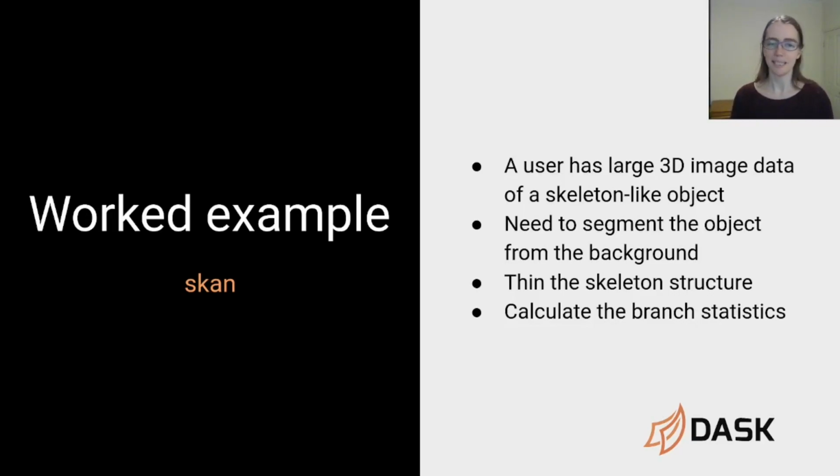They're going to need to segment the skeleton from a background and then thin that down so that the input is something that Scan will recognize. Then, with Scan, we're going to compute the branch statistics and give back to our scientists something that they can analyze for their paper.